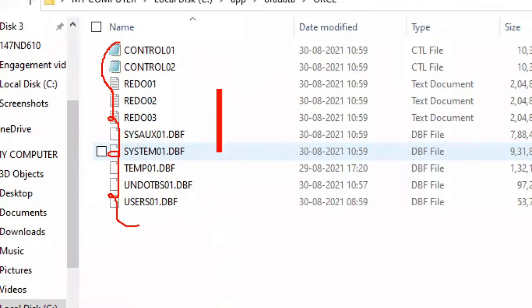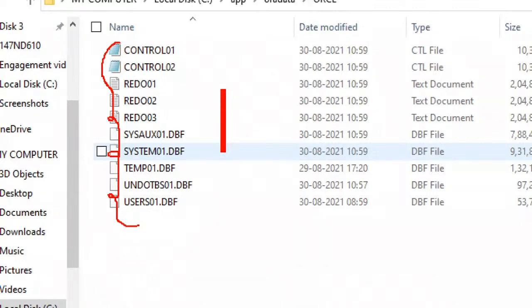I already created table Z, and the table is really created. Now, in the location where Oracle is available in my operating system, in the C drive, I try to observe where the table is available. I'm observing only in this location.